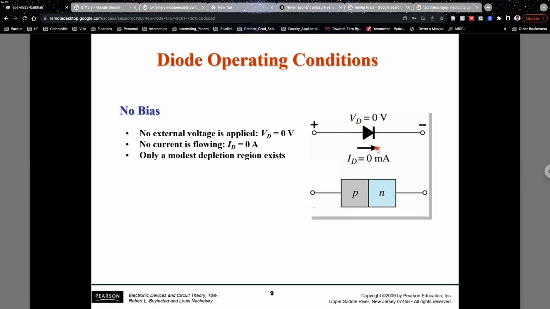Because you're not applying any voltage, you'll not get any current. Everything is electrically neutral, even though you have electrons and holes, but there is no electric field to move those electrons and holes. Only if you apply a good amount of electric field can the electrons and holes move. They will not move by themselves, even if they exist in the structure.